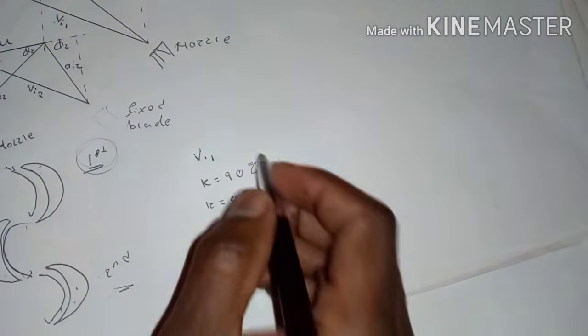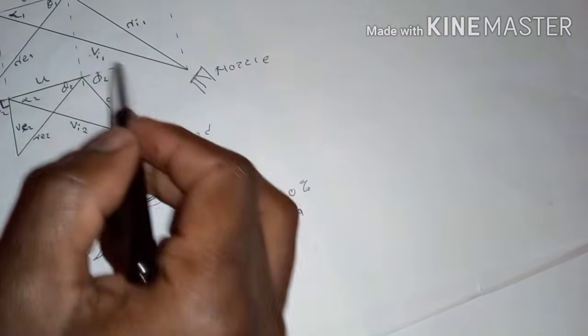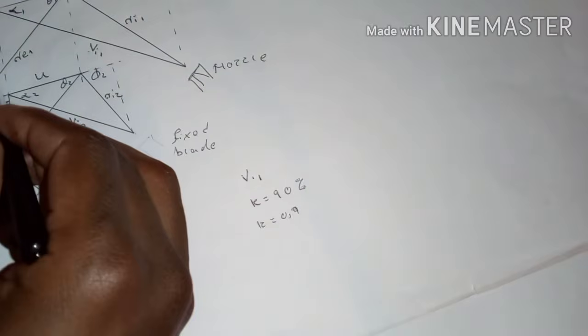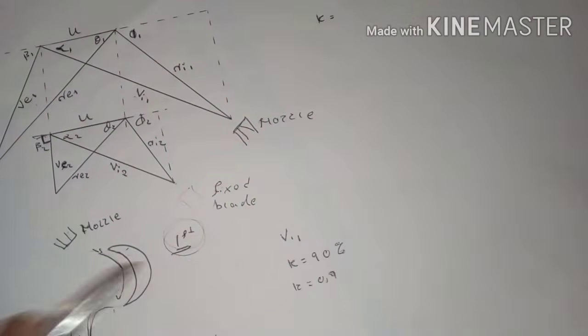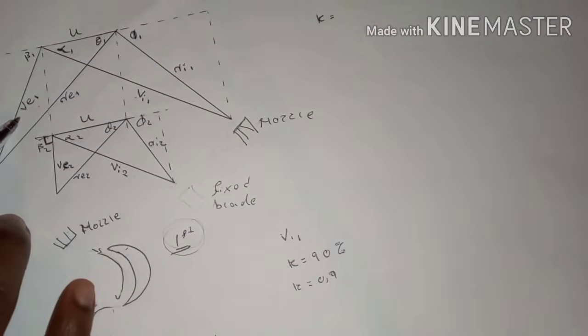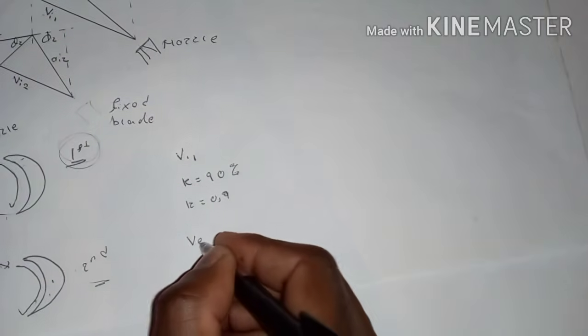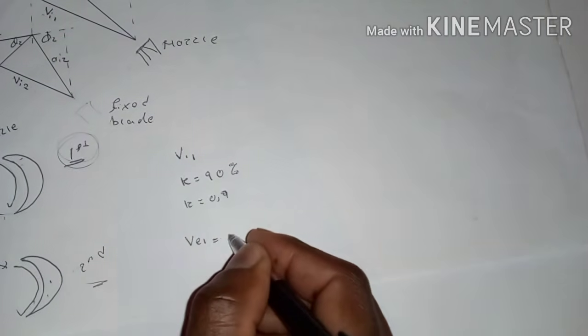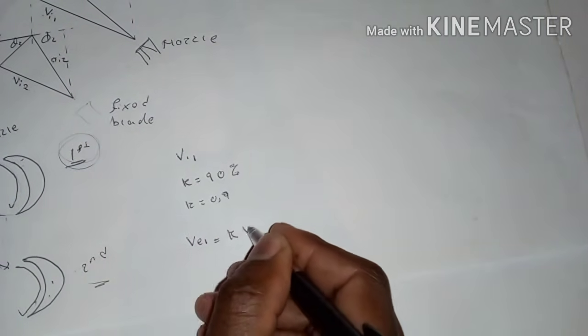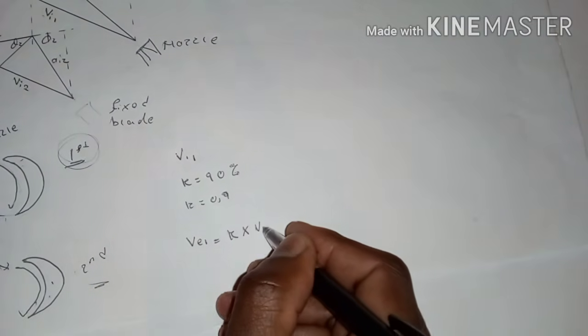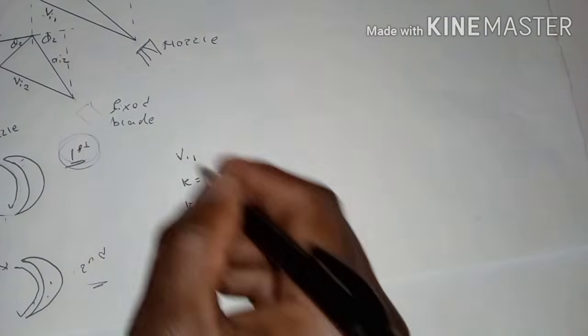So what this tells us is that if we want to get the value of VE1, which is the velocity of the steam as it is leaving the blade, we are going to say VE1 equals K times VI1, where 1 is inlet.